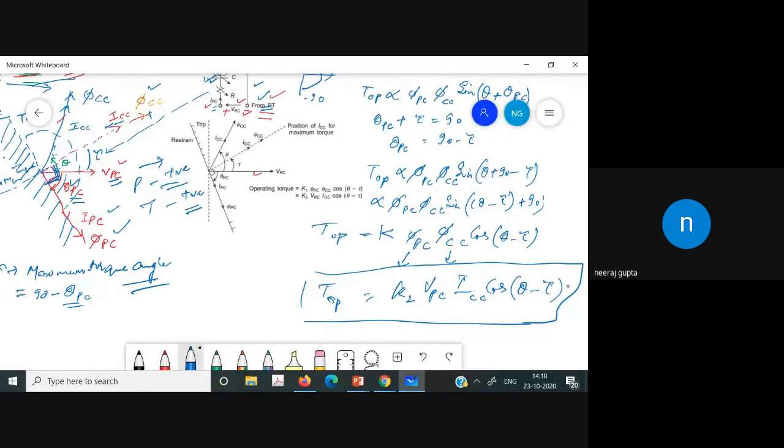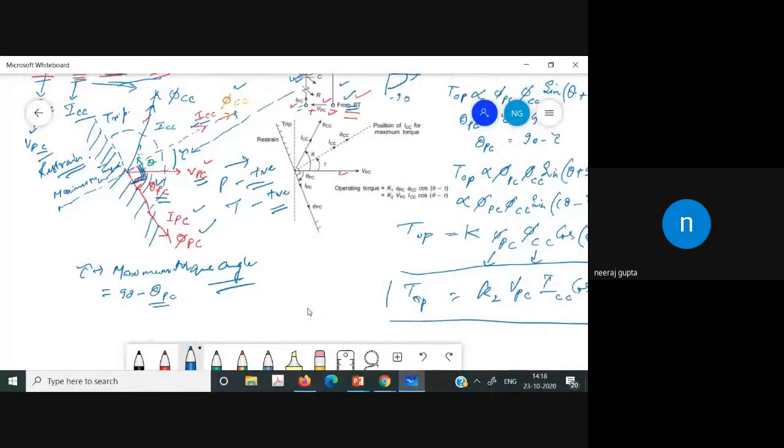Since this is highly inductive, you can say that the pressure coil is highly inductive in nature. So in that very case, the theta PC will be of the order of 70 to 80 degree.